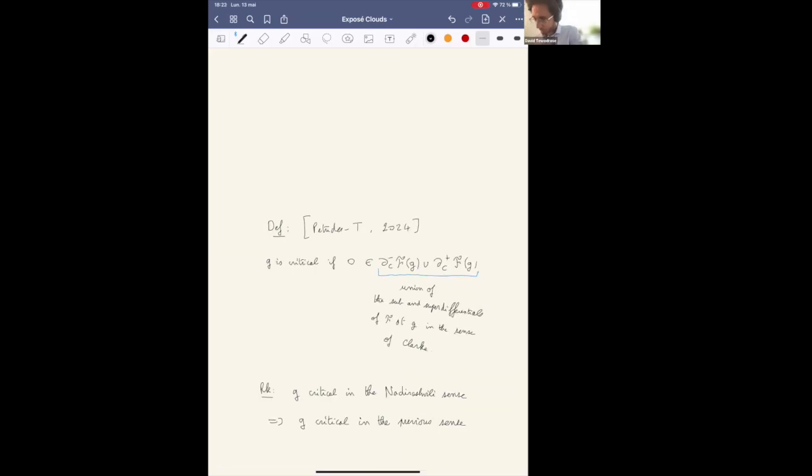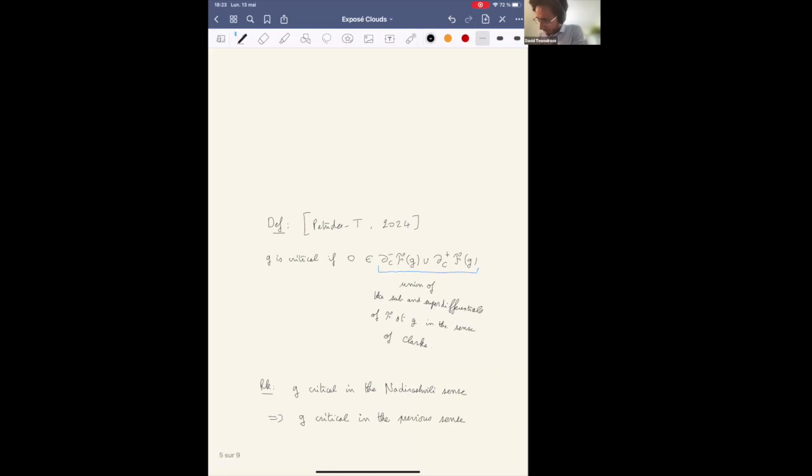And for this, we proposed a notion of criticality that's a bit different from the one considered in the previous papers, and which is the following. We say that a metric G is critical if 0 belongs to this set here.